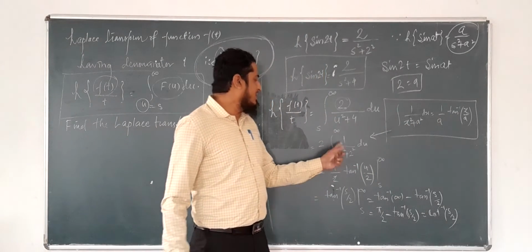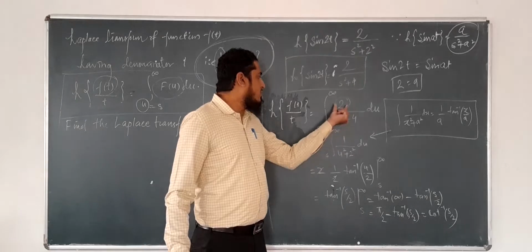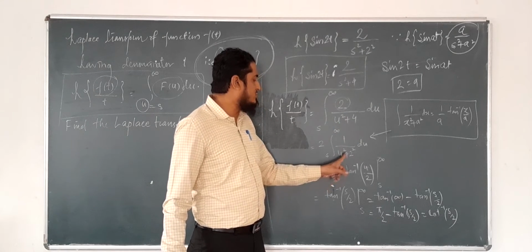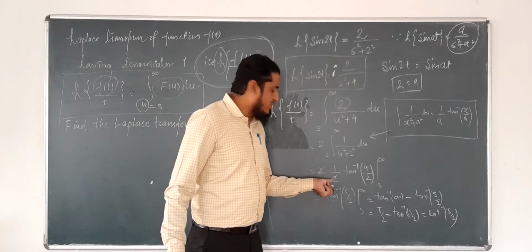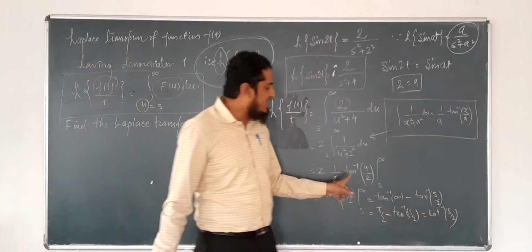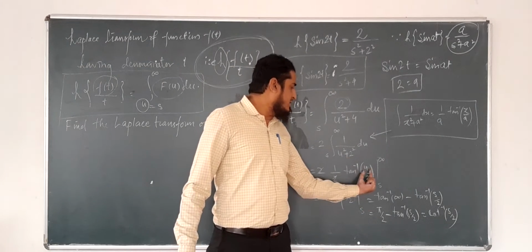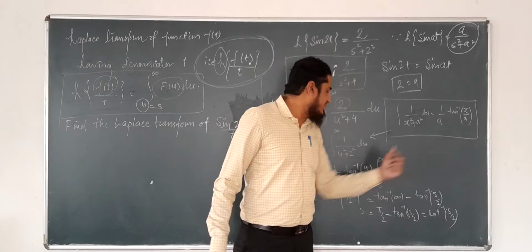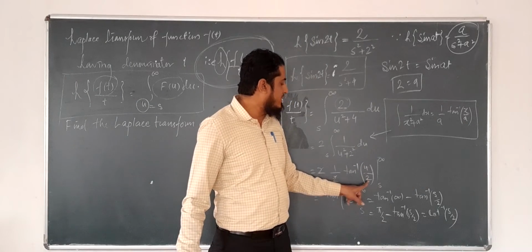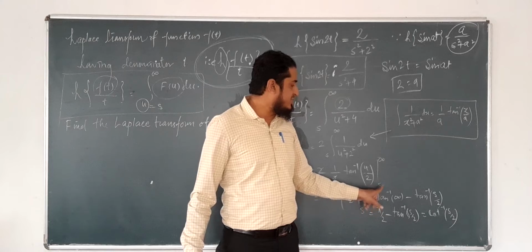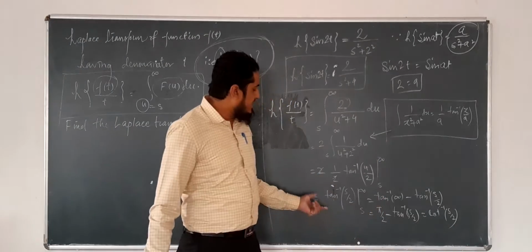So we will get 2 constant taking outside. We will get integration of 1 upon u square plus 2 square. 1 upon a is 1 upon 2, tan inverse u upon 2, because in place of x we have u, so x upon a means u upon 2, and limits of integration are s to infinity.